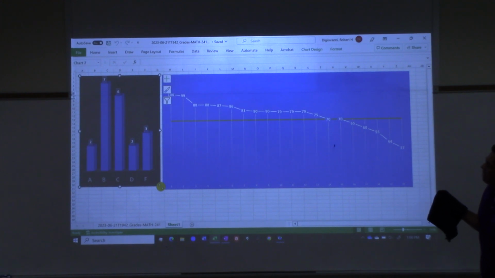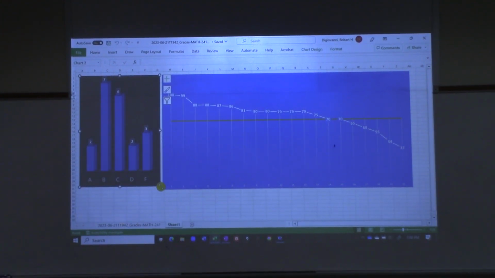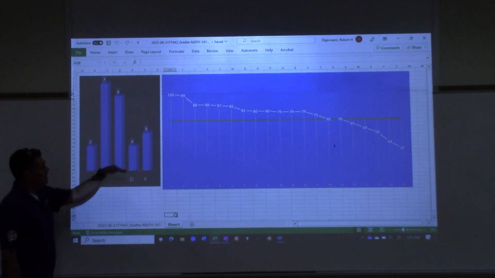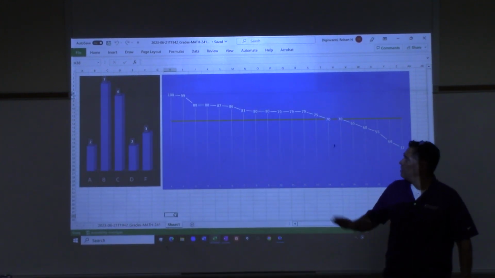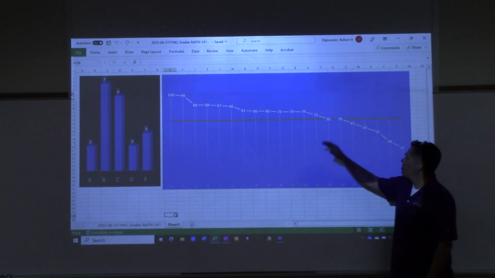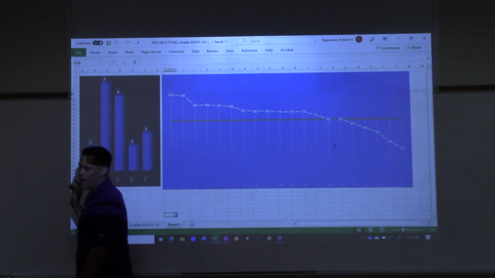All right. So the highest grade was 100. And the average, it doesn't say the average here, but the average was a 75. This is passing right here, so you can see how many students passed the test versus not passed the test, how many A's, B's, C's, D's, and F's we had.